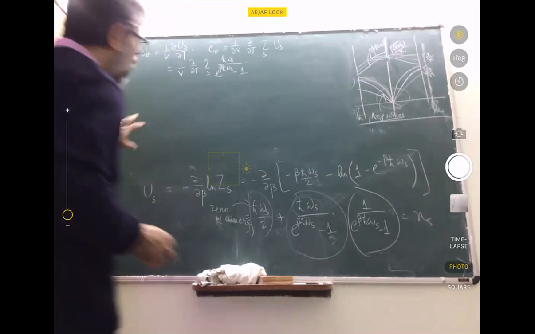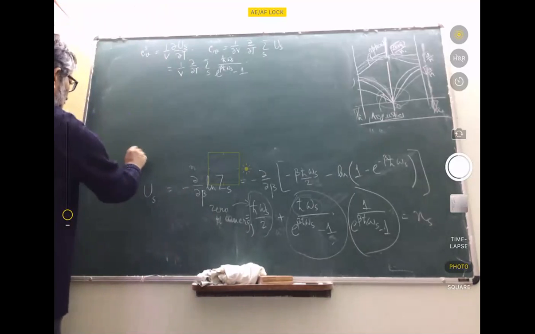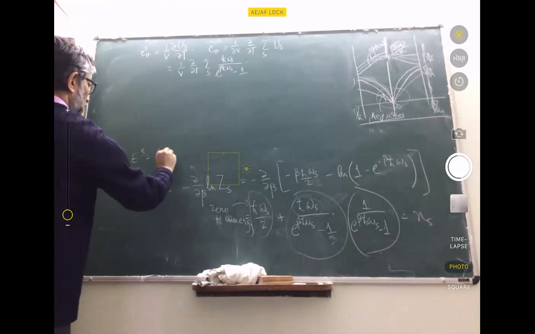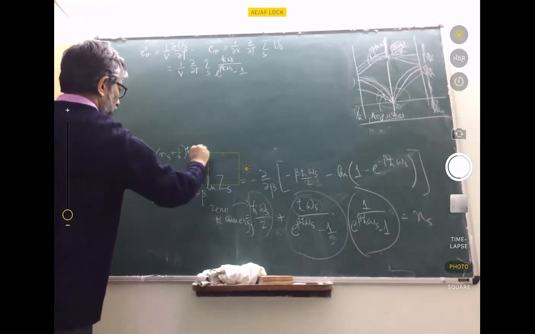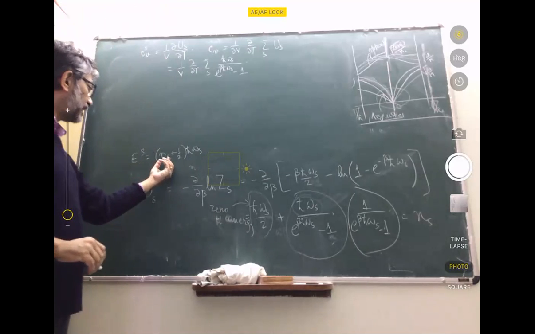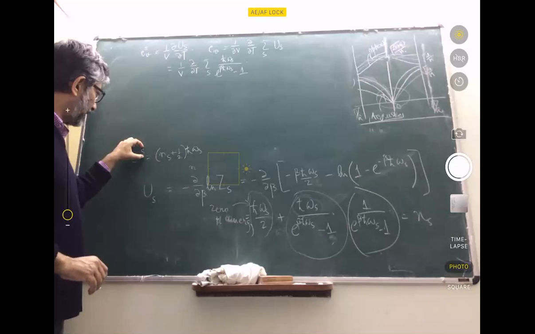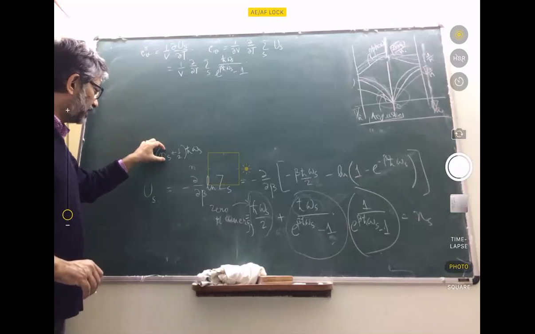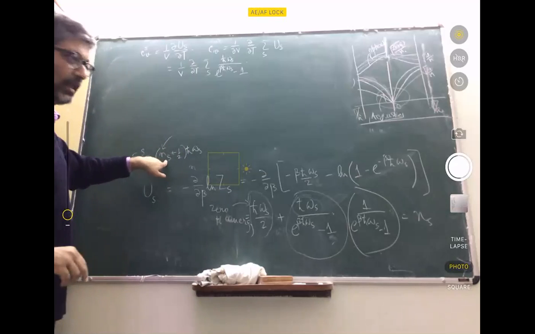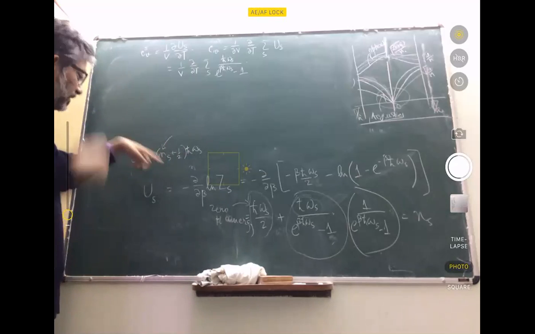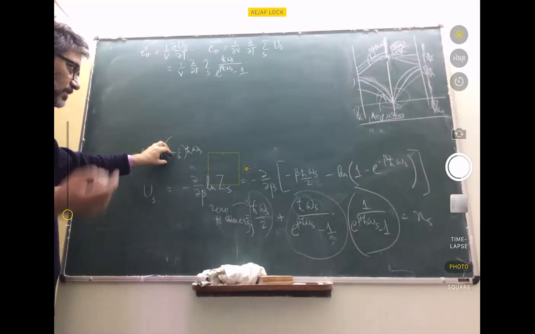So we can say that the oscillator in mode S is excited to a state ns. So this oscillator is in the ns-th excited state.